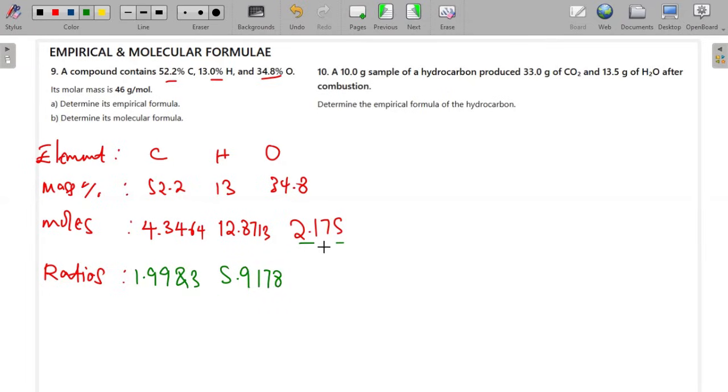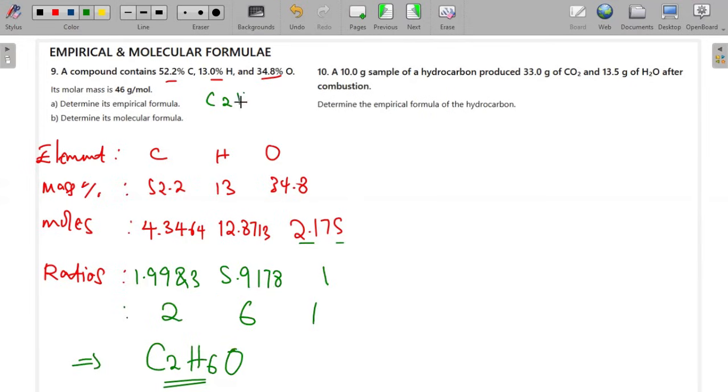Then this one divided by itself gives me 1. You can see this one is greater than 0.8, and this one too, so I can round off. This will be 2, this will be 6, this will be 1. So my empirical formula will be C2H6O1, but the 1 we don't show, so that is my empirical formula.